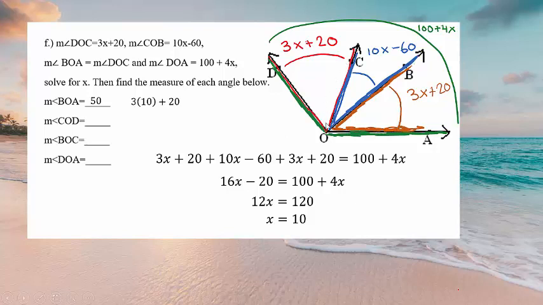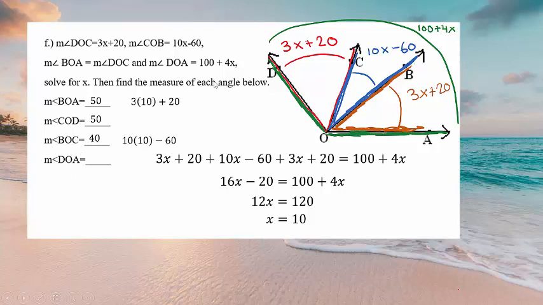Angle COD would also be 50 degrees because it says that they're the same. Angle BOC has the expression 10x minus 60. That's now going to be 40 degrees.